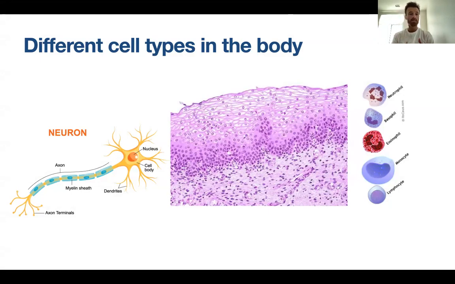This all has to do with which genes are being expressed, which proteins are being produced, because the proteins that a neuron would produce are very different than what skin cells are making.